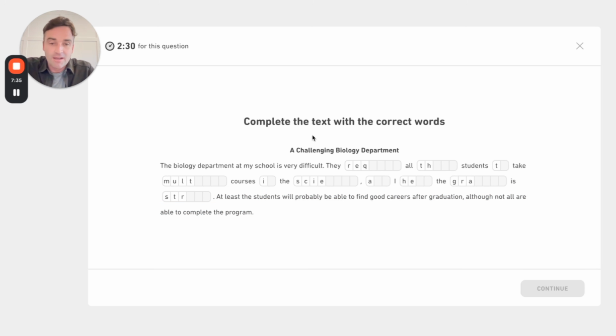Okay, 3 minutes, so I better hurry up. Very difficult. They require all their students to take multiple courses in the sciences. Okay, so a challenging biology department.